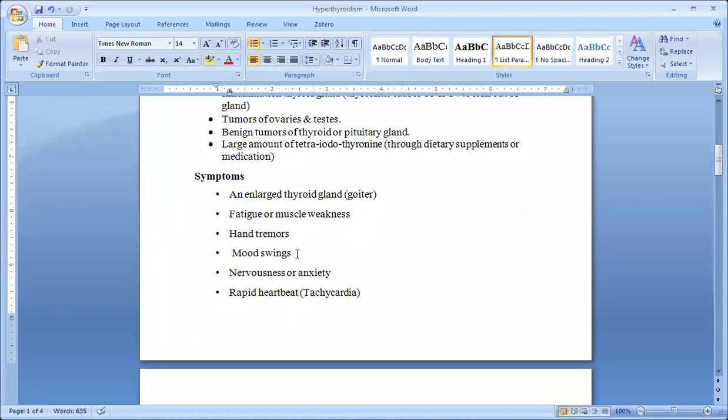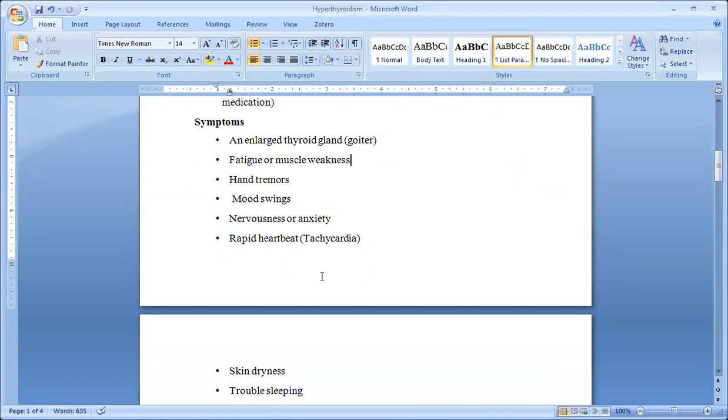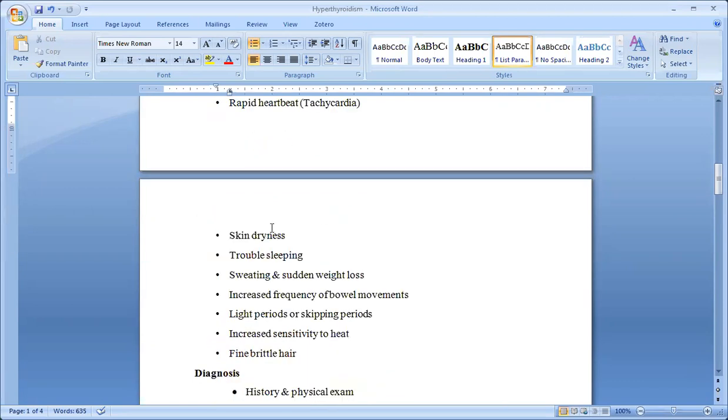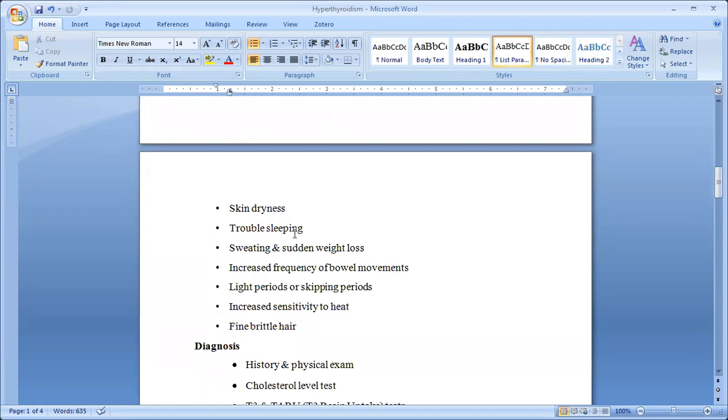Mood swings. Nervousness, anxiety, unnecessary worry, tension. Rapid heartbeat, that is an increase in heart rate, tachycardia. Skin dryness. Trouble in sleeping. Sweating and sudden weight loss.